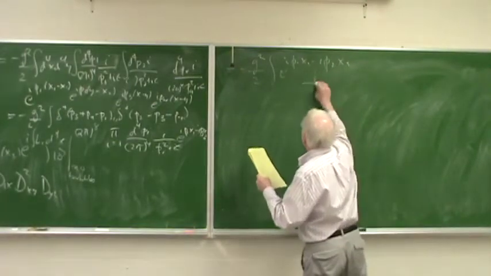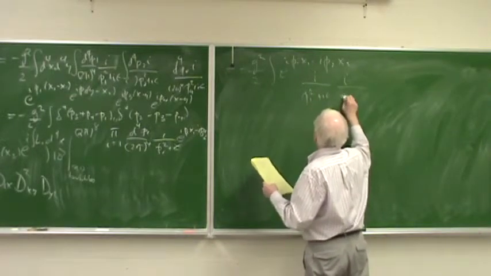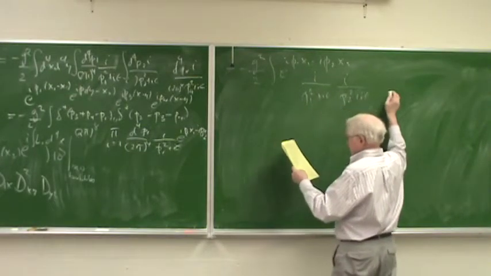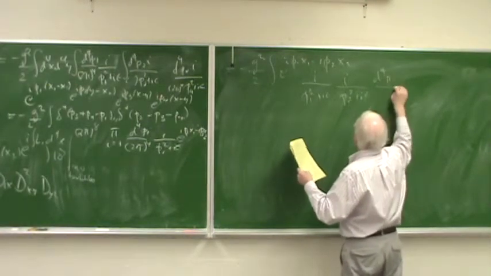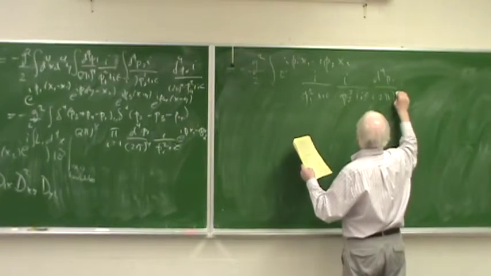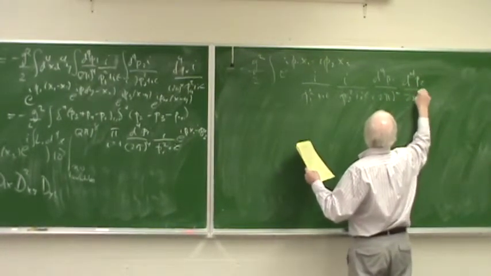And then we have i over p1 squared plus i epsilon, i over p2 squared plus i epsilon, and d⁴p1, d⁴p2 over 2 pi to the 4th.